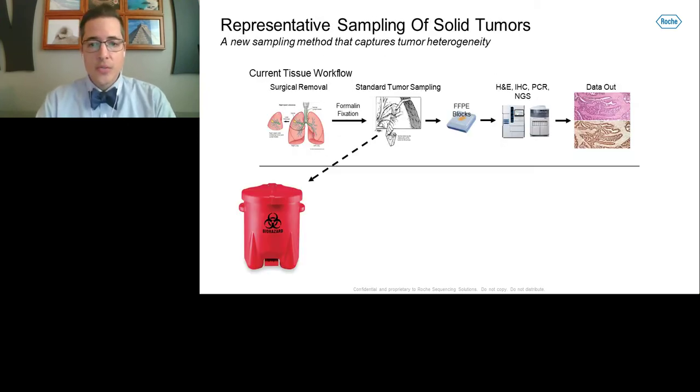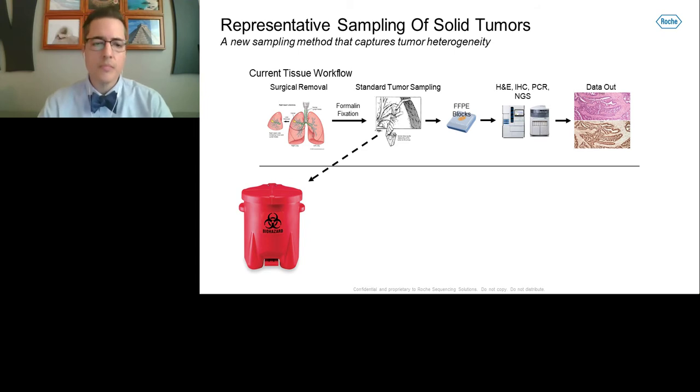So this is a cartoon that demonstrates our workflow. On the top, you can see the current tissue workflow for surgically resected solid tumors: the surgery happens, the tissue goes into formalin fixation, the samples for the TNM staging are taken, and those will be FFPE blocks. Those blocks, sections are cut, and those go through the standard diagnostic modalities that exist today in the clinic.